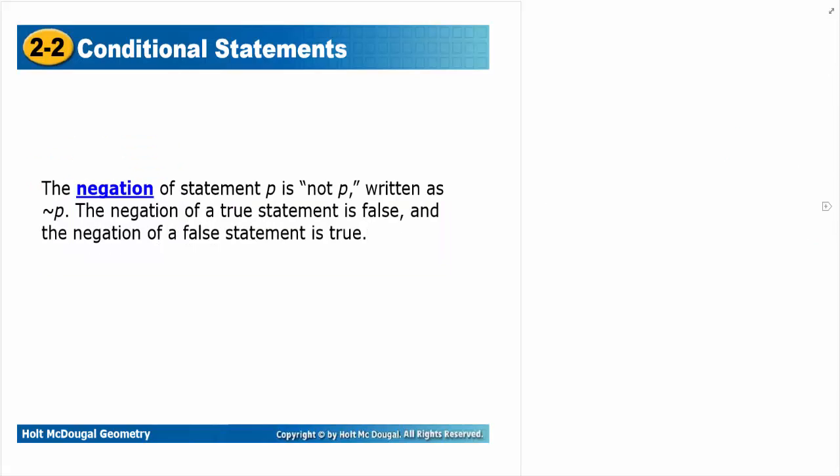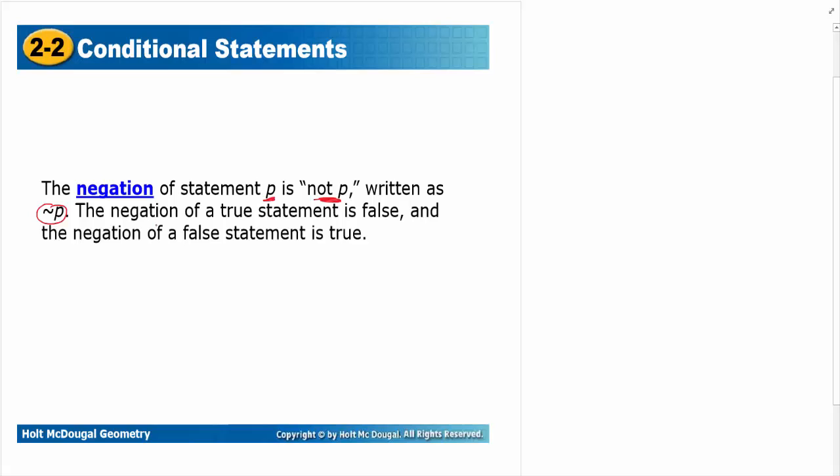Now, getting into that a little bit more, we have negations, if things are not true. Or sorry, the opposite of the statement is going to be considered a negation of that statement. So more just logic rules here for you. If we have the phrase P, not P would be the negation of that statement. It's going to be written like this. You'll see examples in a second, so we've got to get this down first.